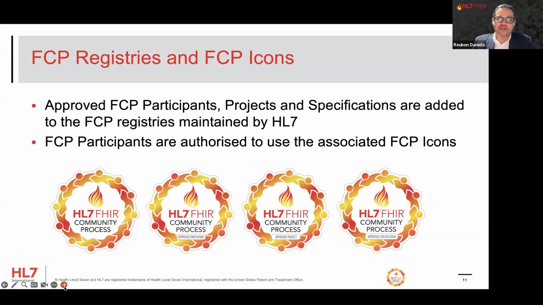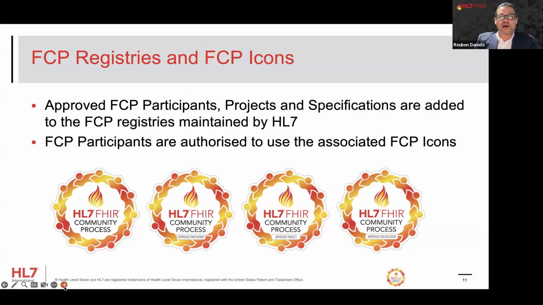And in that way, it addresses the problem statement, which I mentioned at the beginning. All of those participants, projects, and specifications, once authorized, can then use the FCP icons, and we have the basic FCP icon, which is on the left, followed by an approved participant icon, an approved project icon, and an approved specification.